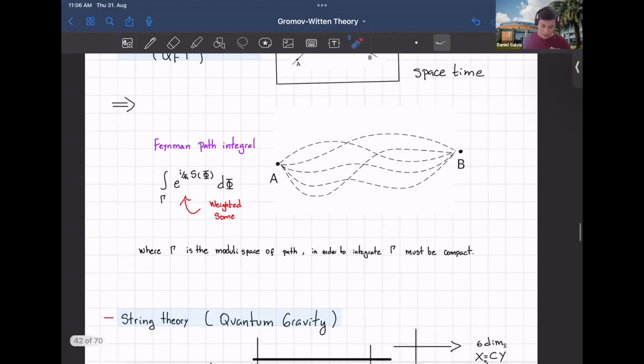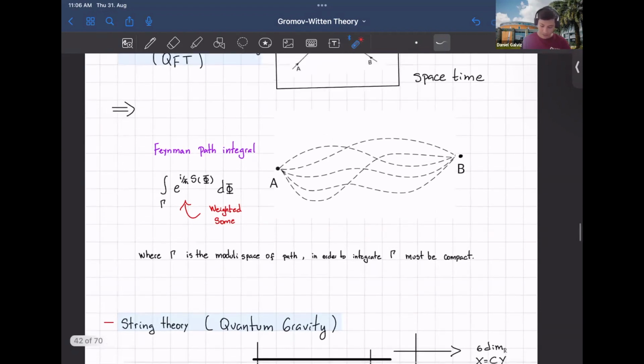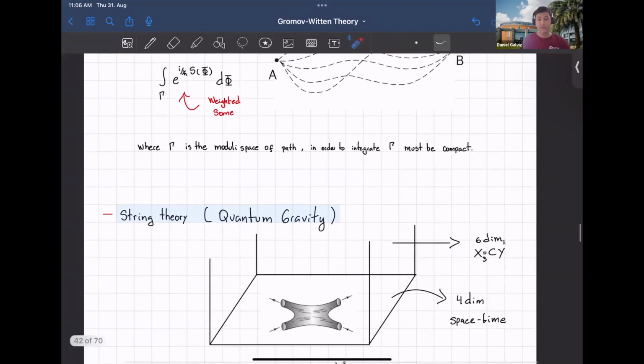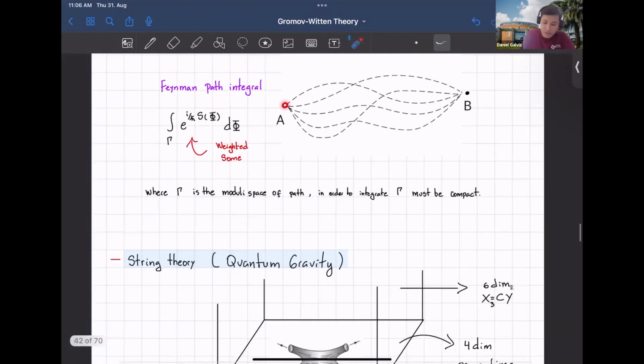The only theory that is kind of successful in describing quantum gravity is string theory. String theory, instead of having point particles, has strings. When you have a point particle going from A to B, this path will be a straight line, because a point just traces a straight line, right?